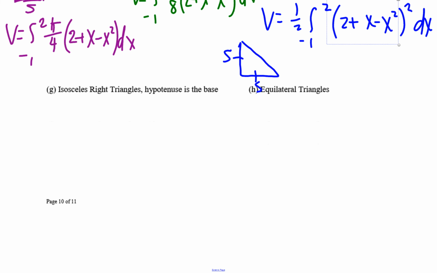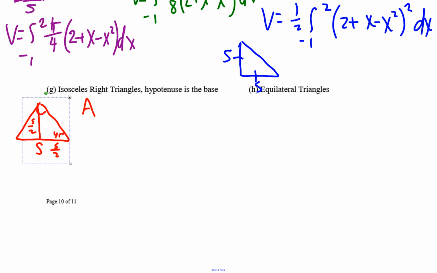All right, we have isosceles right triangles where the hypotenuse is the base this time. Okay, so this time this is S. So remember this is 45 degrees here. If I cut that in half, that's S over 2 and that's S over 2.